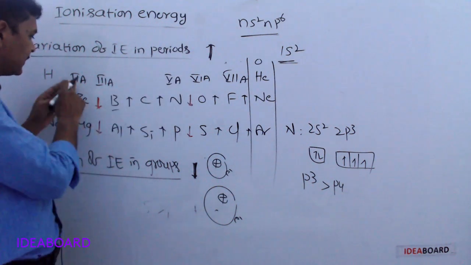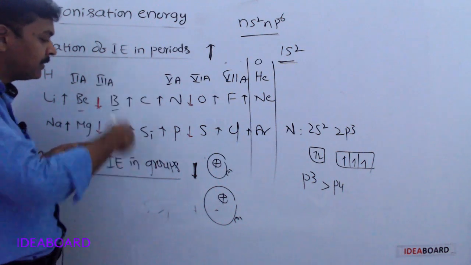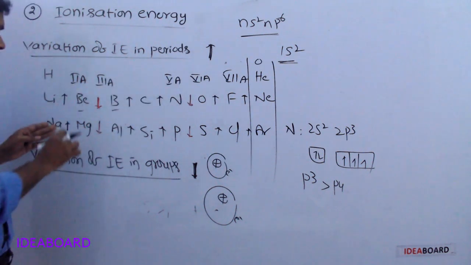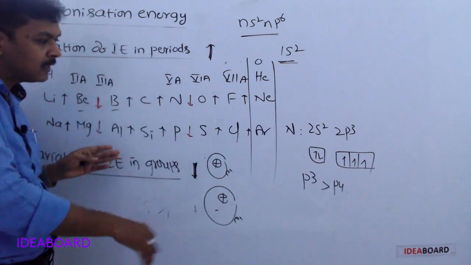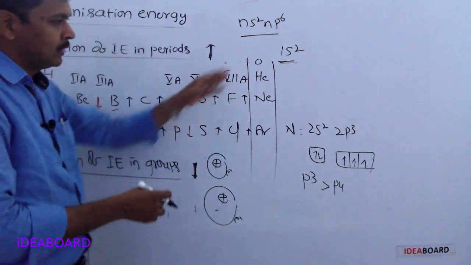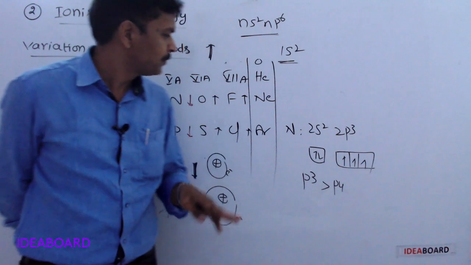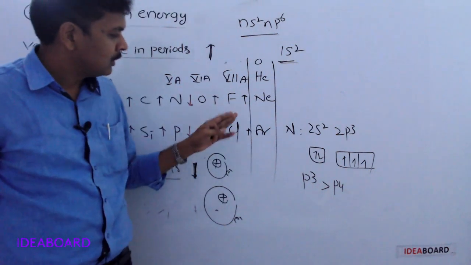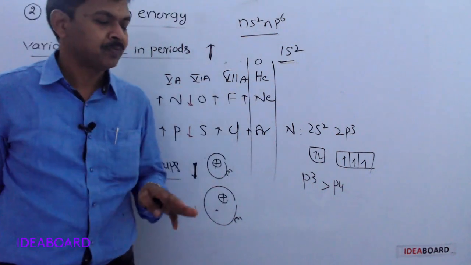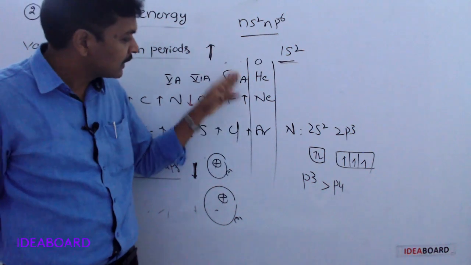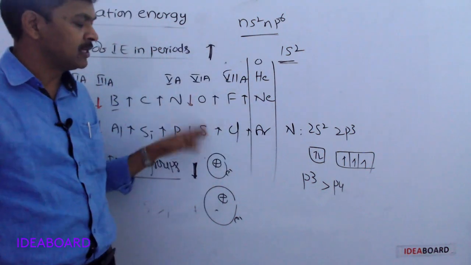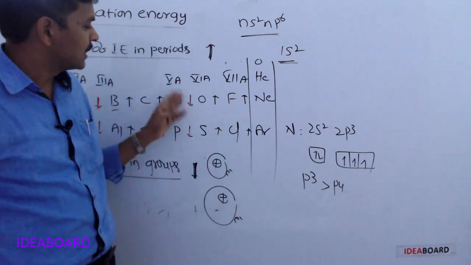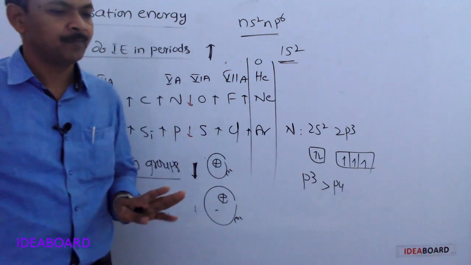So first A group elements have the lowest IP value and third A group elements have the second lowest. Next, zero group elements have the highest IP value, and seventh A group elements have the second highest. The third highest IP value is not for sixth A group elements, but for fifth A group elements.